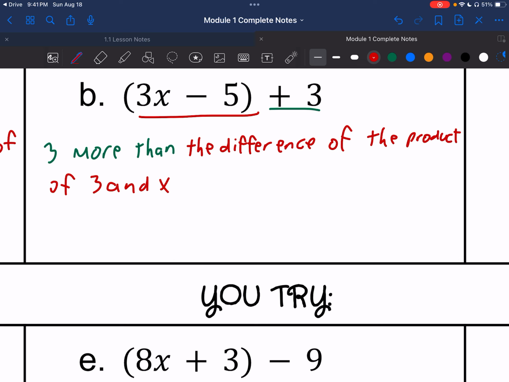Again, the and, that's telling you what the product is involved with. Those are the two pieces that are going together in that product. So we have the difference of the product of 3 and x, and then we go back to and again. So now this is the and that is separating out the difference, the subtraction, so we have and 5.